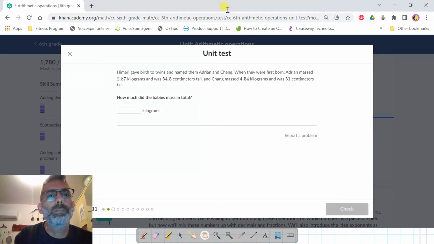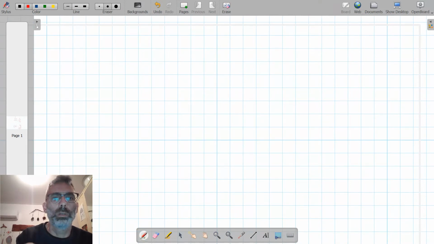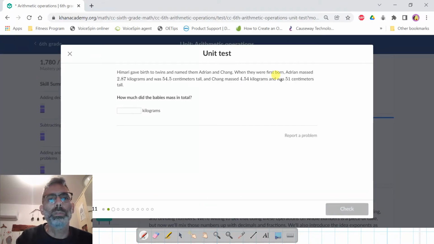Himani gave birth to twins and named them Adrian and Chen. When they were first born, Adrian massed 3.87 kilograms and was 50.5 centimeters tall.